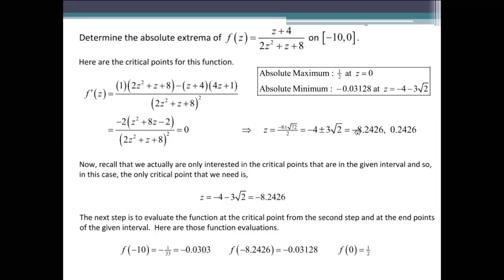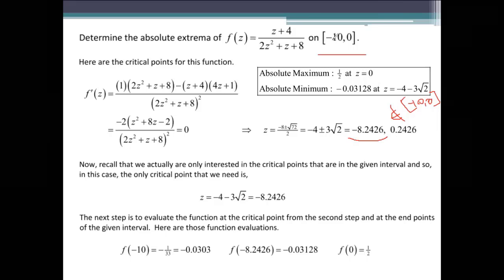But in our case, the second one is approximately 0.2426, so it does not belong to our interval [-10, 0]. That's why we take only this one to evaluate our function.